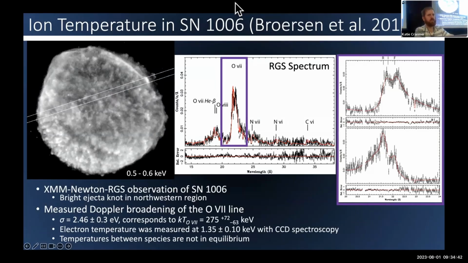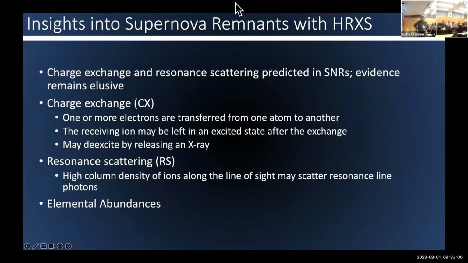Ioanna, you had one more question? Okay, last question before we move on. Thank you, really inspiring talk. You talked about abundance measurements that were lower than expected. Are these absolute abundances, relative to hydrogen? Because we don't have hydrogen lines in the spectra.